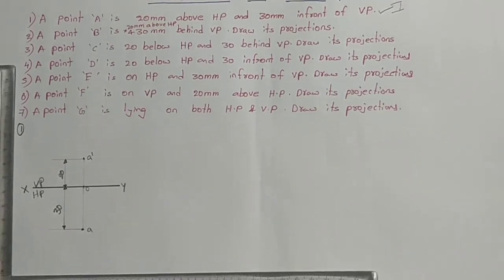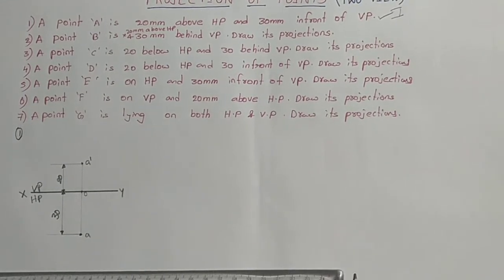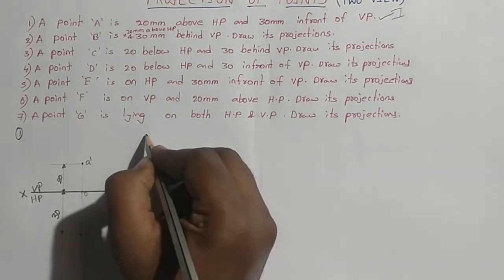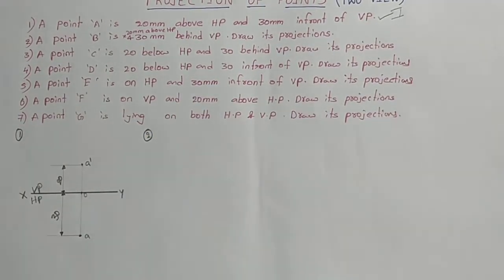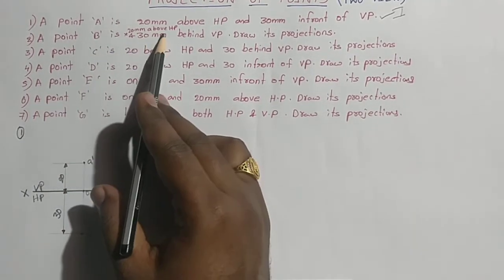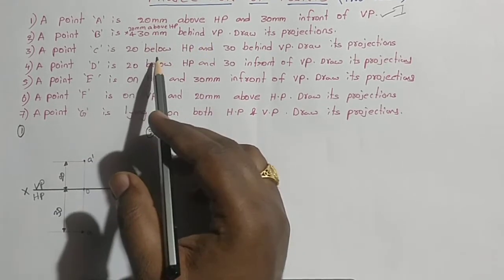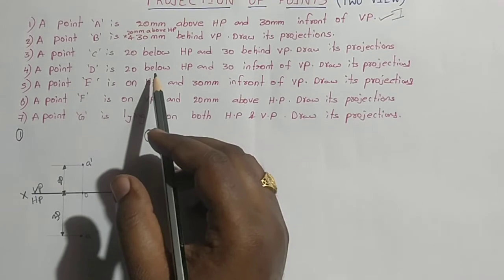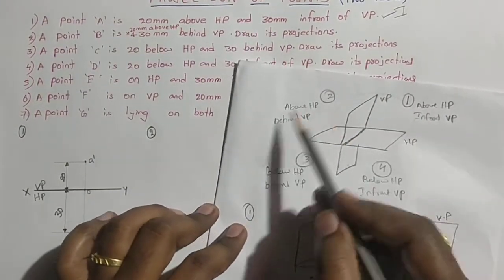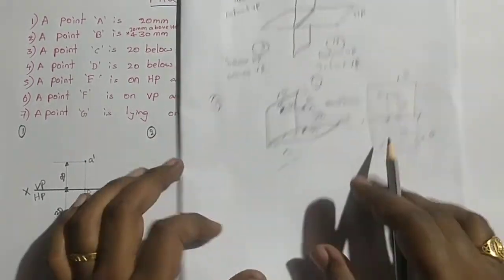Next, coming to the second condition. From now onwards I am drawing directly for the second condition. Here the point B is 20 mm above HP, 30 mm behind VP. Above and behind means it is the second quadrant.